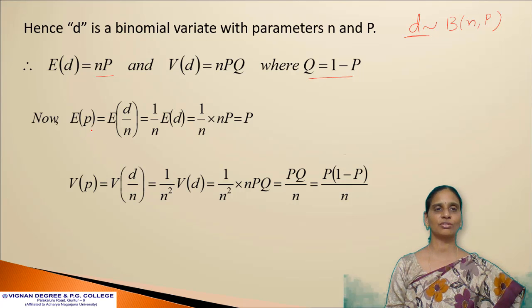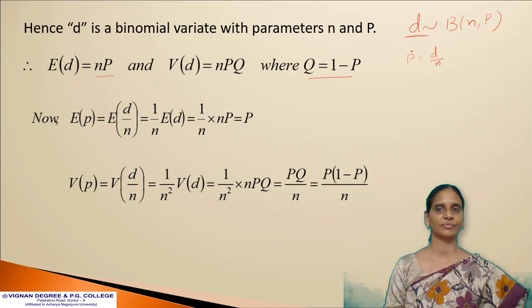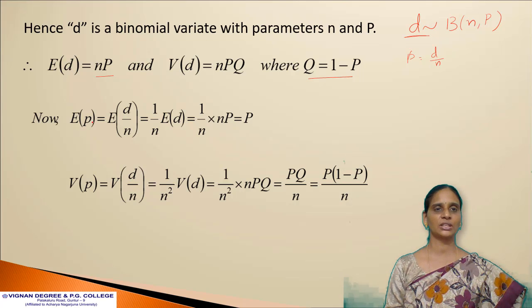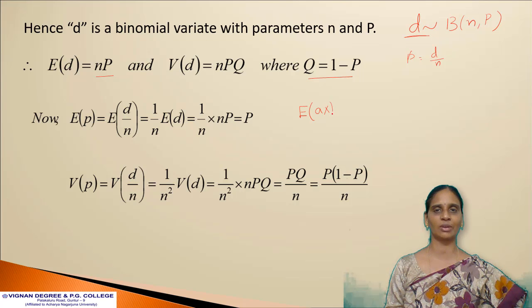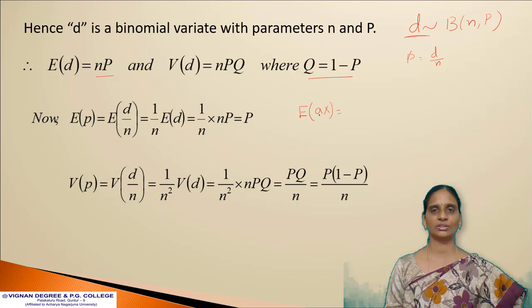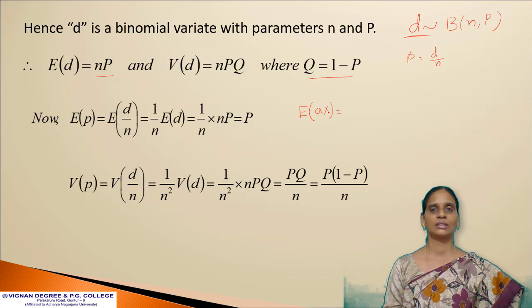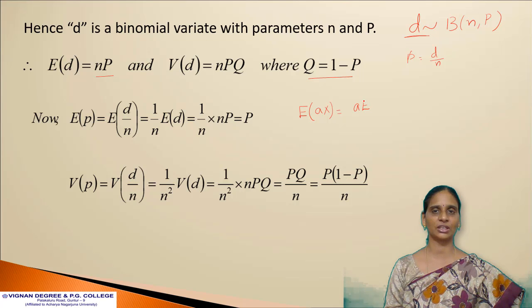Now the expectation of p: we substitute p equal to D divided by n, so the expectation of p turns into the expectation of D divided by n. Here we use the expectation property, that expectation of AX is equal to A times expectation of X, where A is a constant and X is a variable.